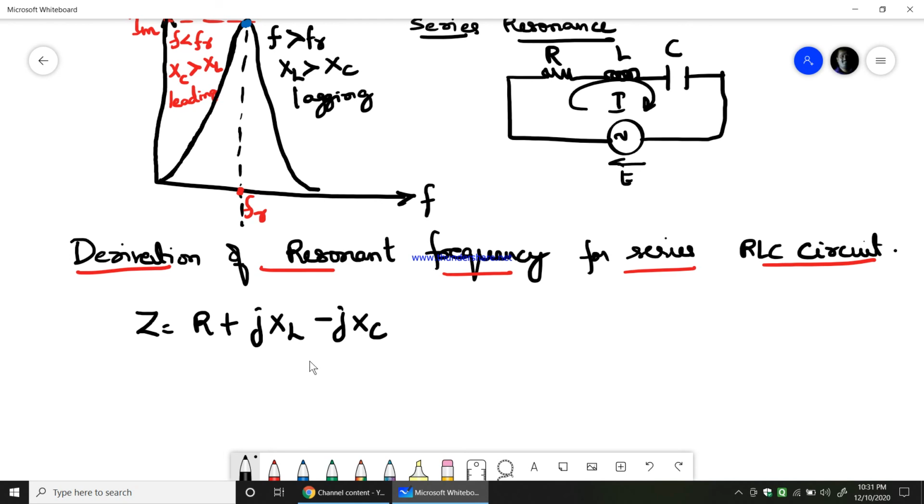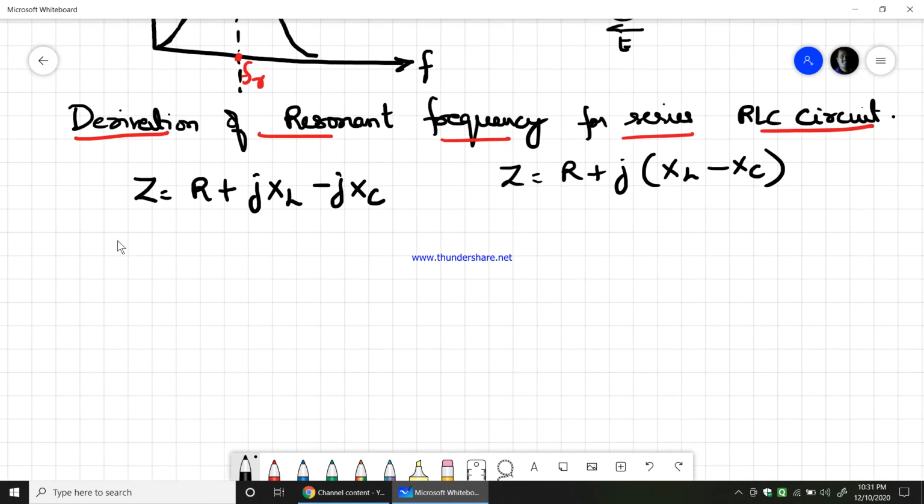This is the reactance of the inductance and this is the reactance of the capacitance, and we write the summation of all three because all three are in series. So the total impedance Z is equal to R plus j(XL minus XC).